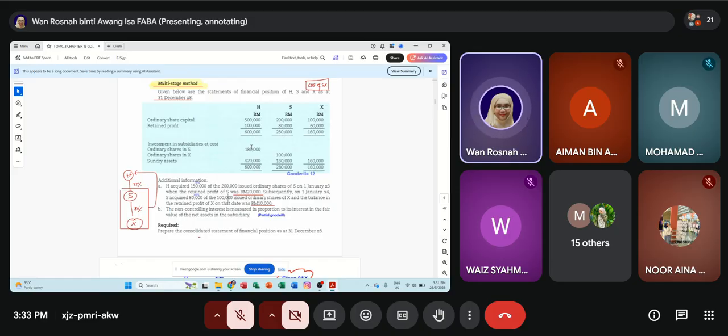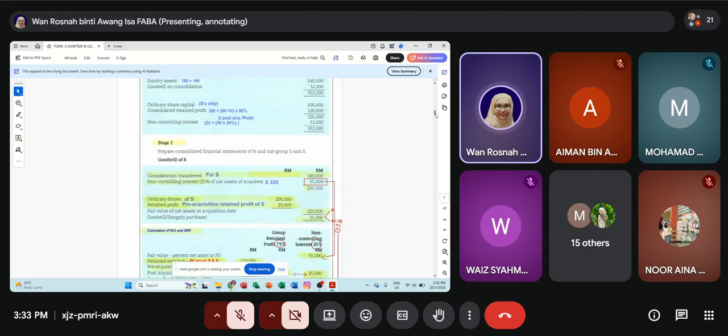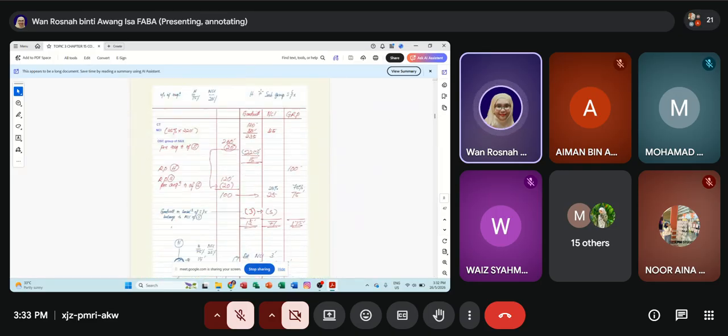Then you compare with the net asset. Okay, net asset consists of ordinary share of S, 200,000, and pre-acquisition of S. So that's why pre-acquisition is 20,000. So that's why here, when you want to calculate goodwill for the group H plus subsidiary S and X, you are going to record here group ordinary share 200,000, which is of S, and pre-acquisition of S 20,000.